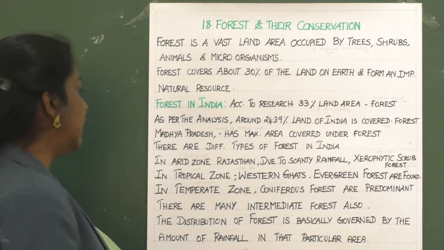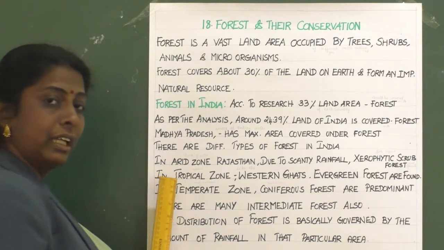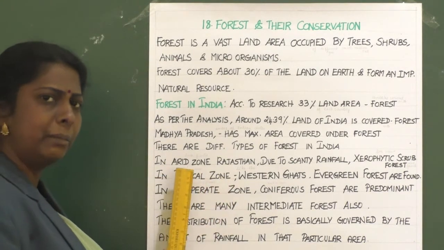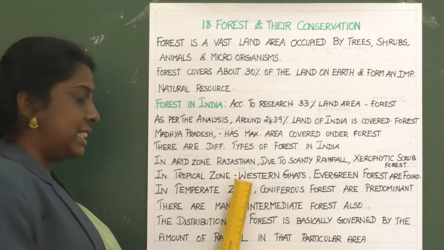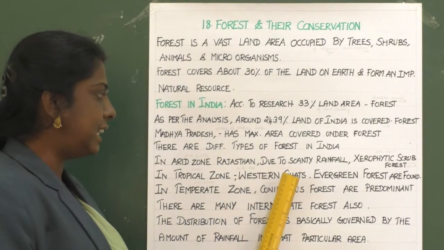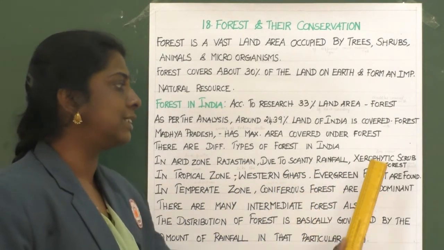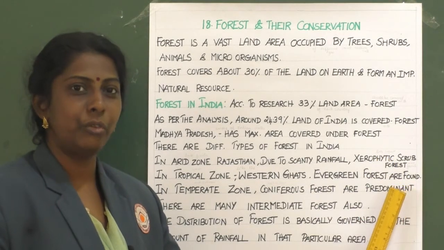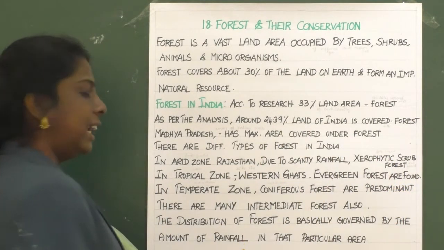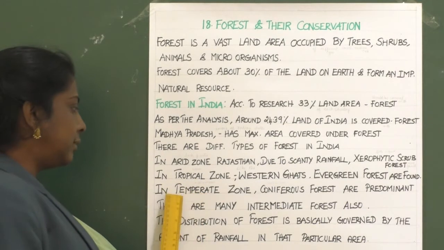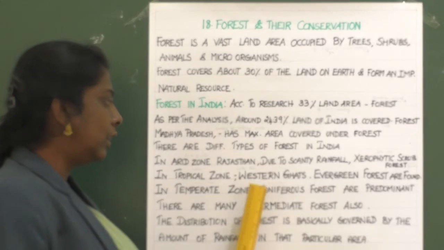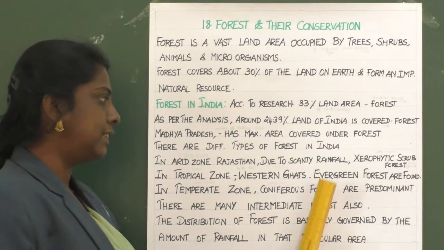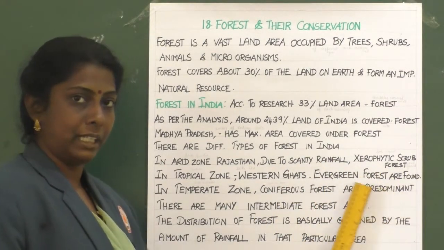Clear? Then in tropical zone, it will be to some extent warm. In tropical zones like the Western Ghats, evergreen forests are found. Then in temperate zone, coniferous forests are predominant.